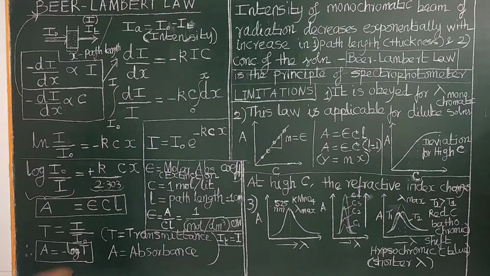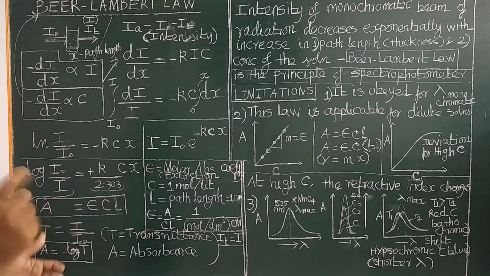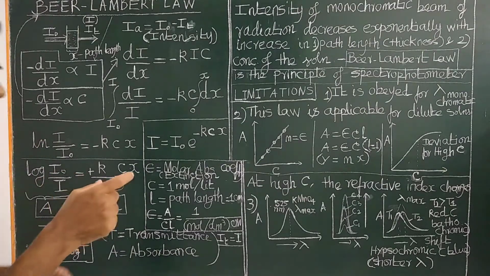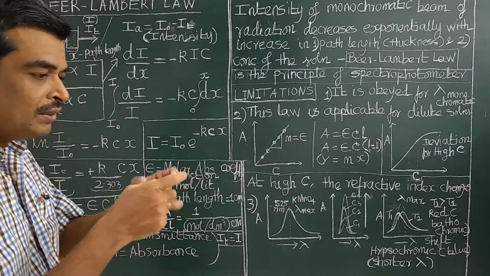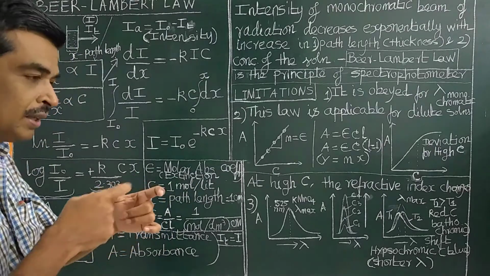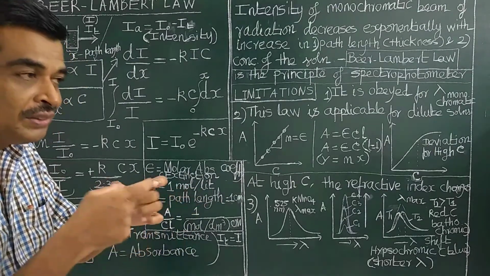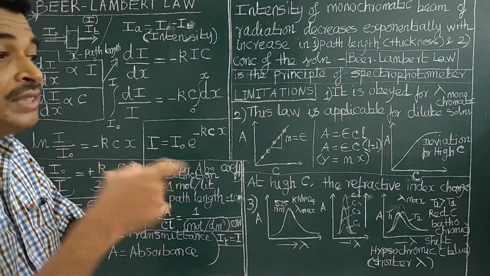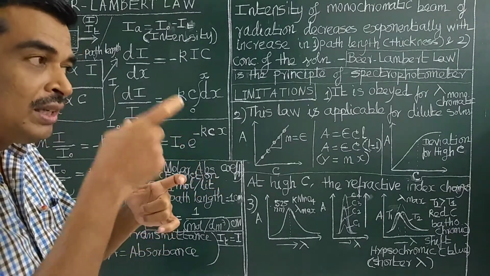Now there are two different laws, and they are combined. Lambert's law is based on the thickness of the plate. Lambert studied the decrease in intensity with respect to increase in the thickness of a glass plate.